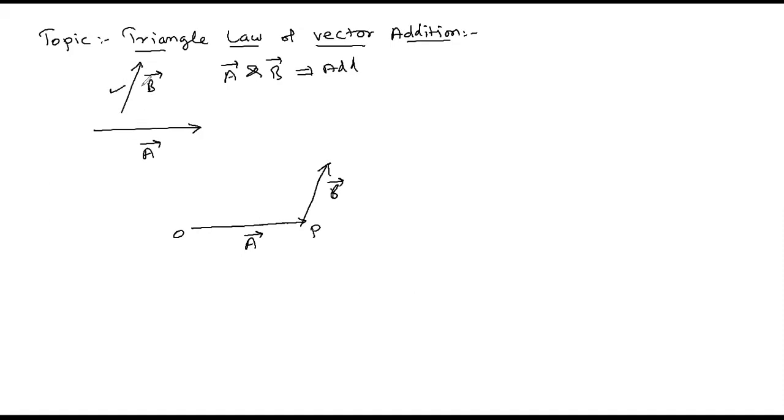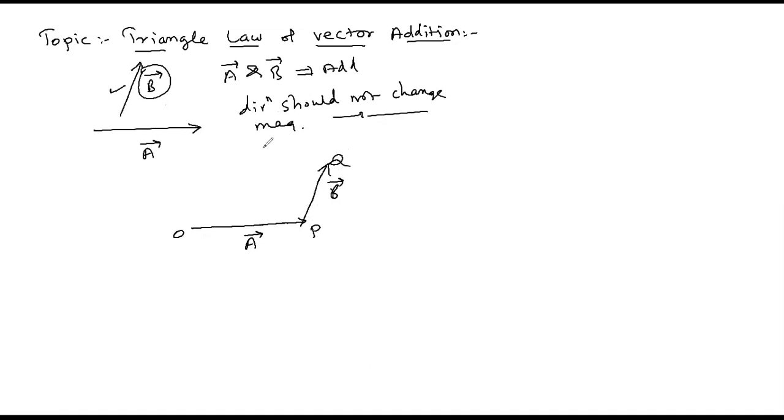One thing you have to keep in mind, when you are dragging vector B here, you don't have to change the direction. Direction should not change, and magnitude should not change. So you just take this vector B, or you can draw a vector PQ.